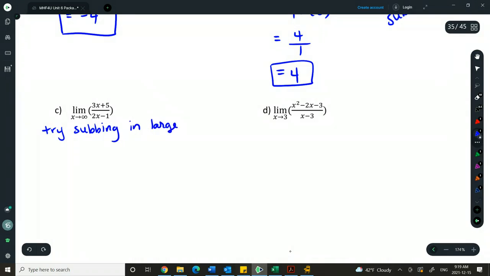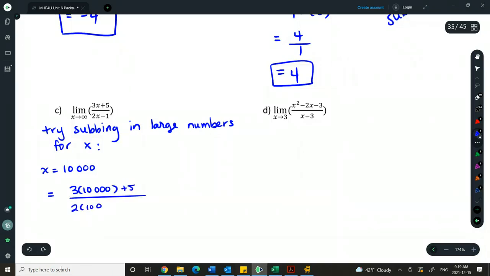So we're going to try subbing in large numbers for x. Let's do it where x equals 10,000. My function is going to be equal to 3 times 10,000 plus 5 over 2 times 10,000 minus 1.